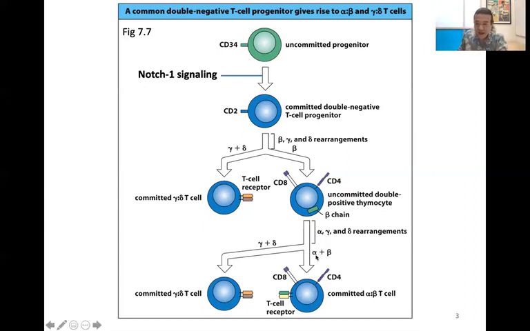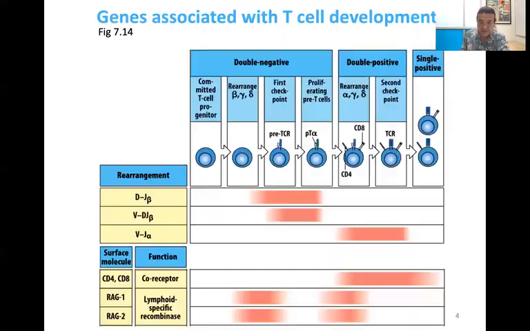But if it makes the alpha chain, now we're set. We have the alpha beta, the yellow-green T cell receptor, on a double positive, CD8 positive, CD4 positive T cell. So now you have to start making the decision. Which type of T cell is this going to be?